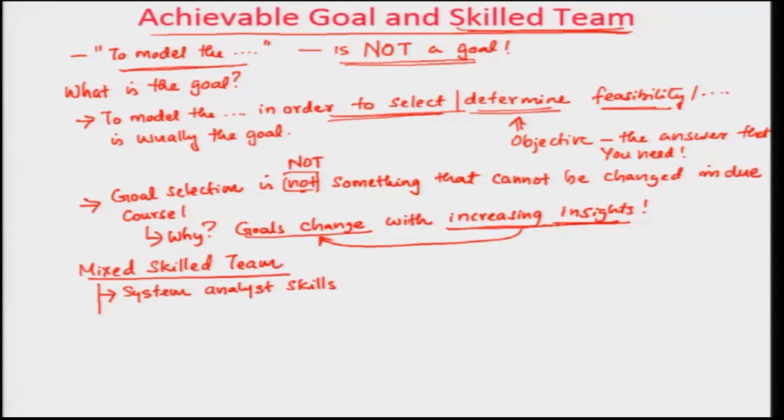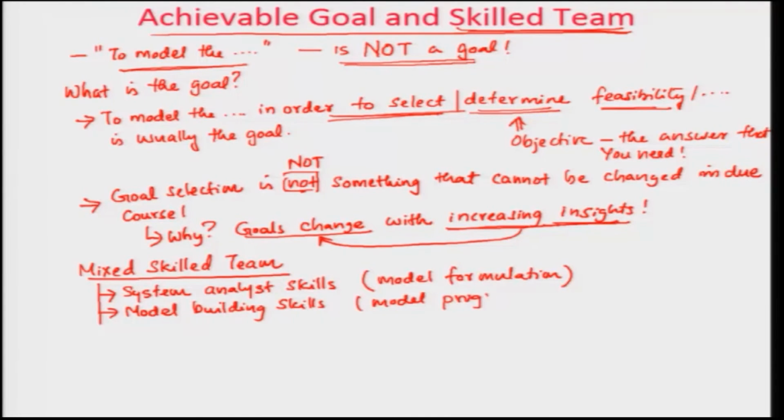You need to analyze the system, which is also sometimes called model formulation, the conceptual modeling. Then you require model building skills, also called model programming, translating into a computer program.